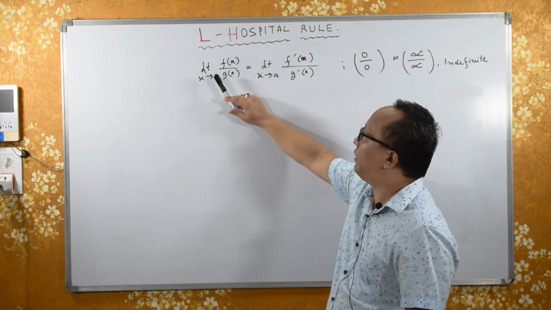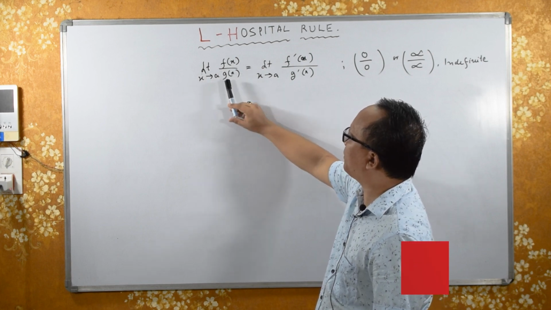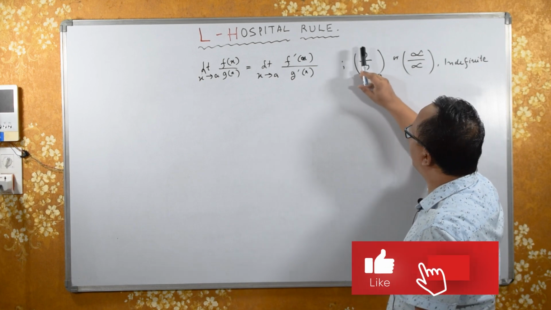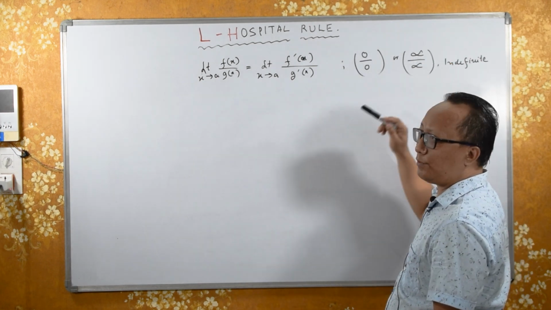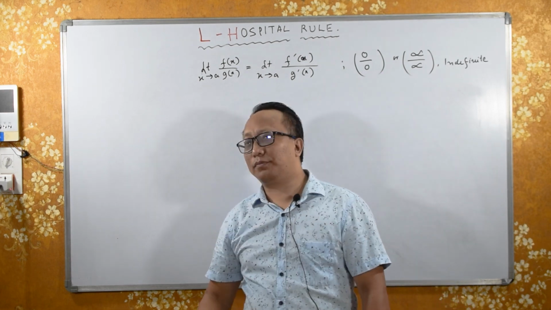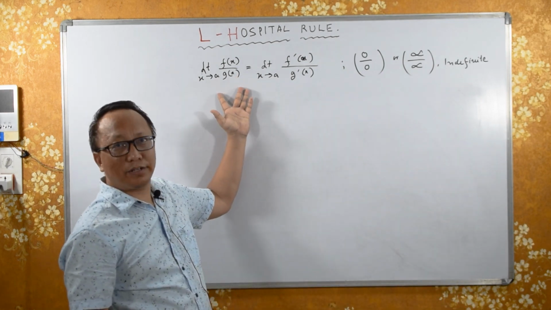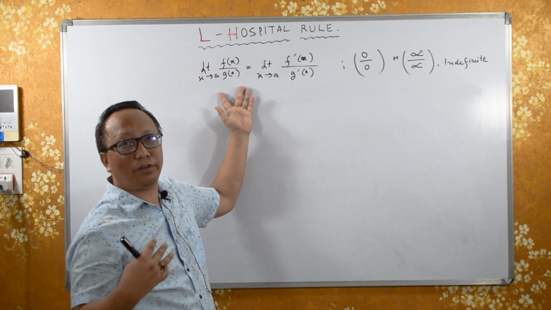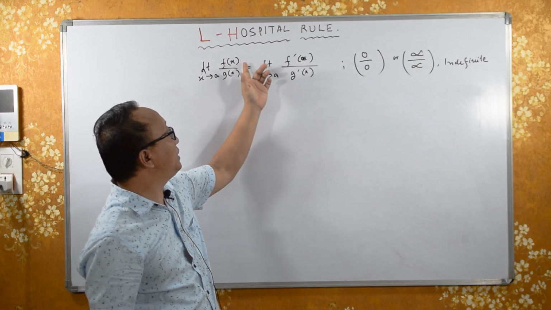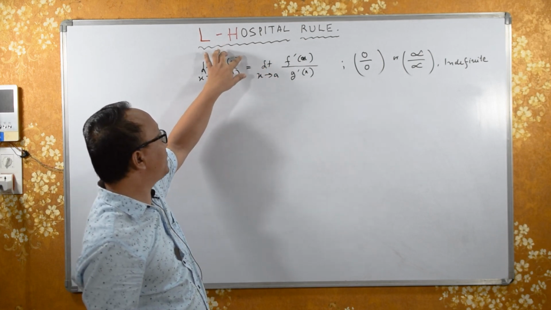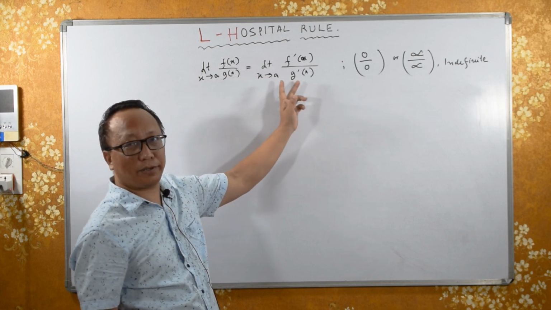When x approaches a, if f(x) upon g(x) is of the form 0 by 0 or infinity by infinity, which is indeterminate, meaning we cannot determine the value of that function, then we use this formula. We differentiate f(x) with respect to x as well as g(x) with respect to x.